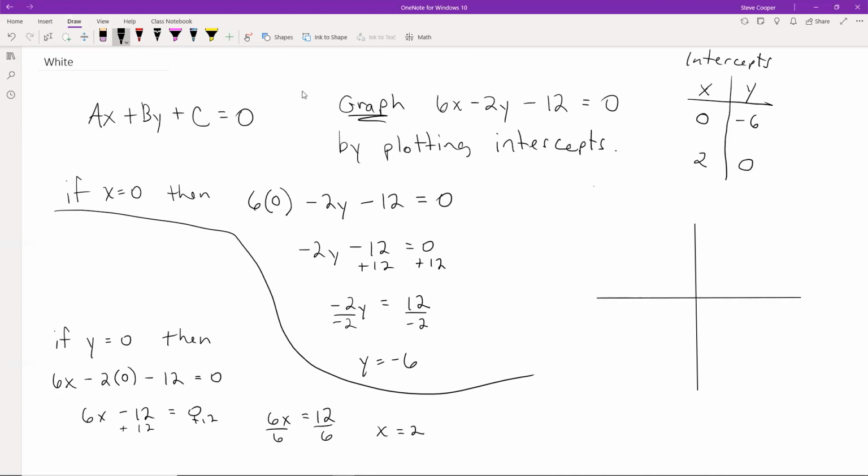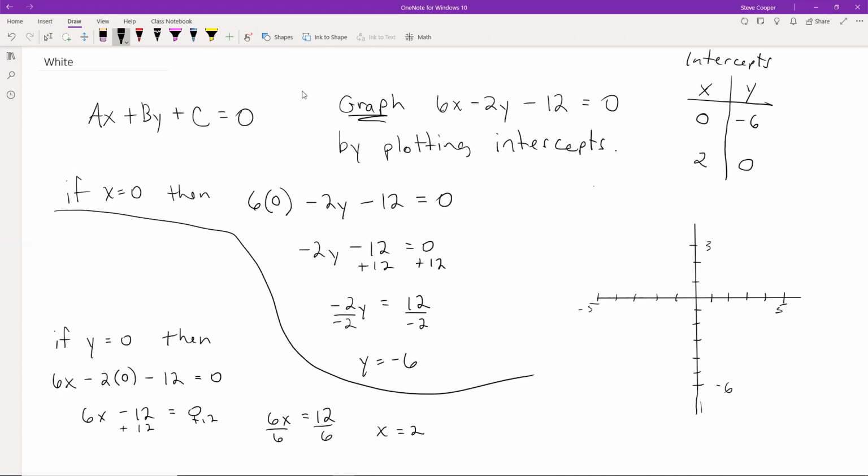All right, I'm just going to freehand the rest. So if I've got 1, 2, 3, 4. Okay, so there's -5, there's 5. -6.